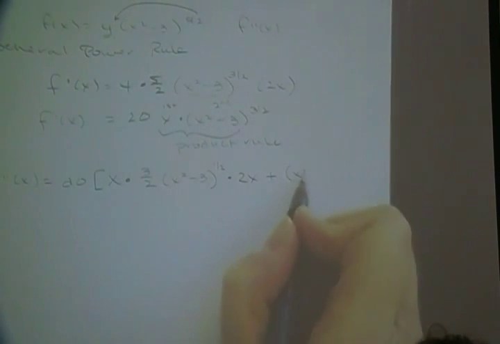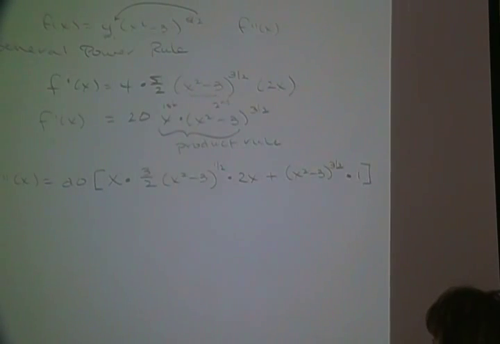And I did that faster this time because I've already done it once, so it's easier. Plus, now I'll leave the second function alone and multiply it by the derivative of the first, which is really easy because it's 1. So there's my second derivative, and I need to simplify it.